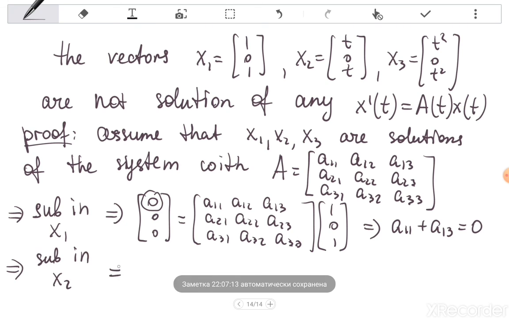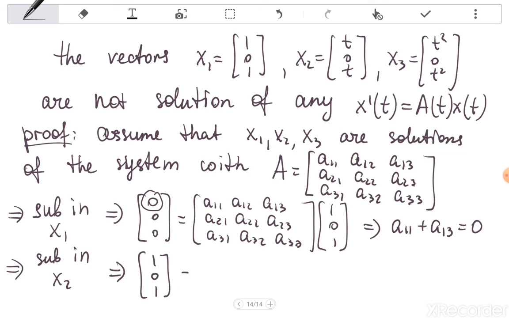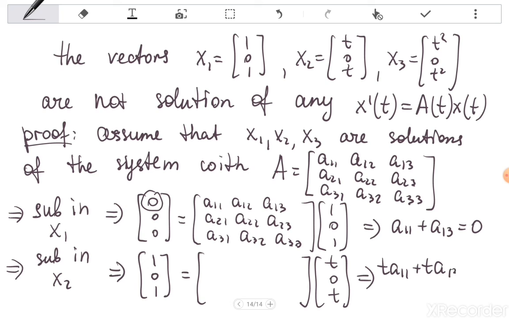What if we substitute x2? The derivative of x2 is (1, 0, 1), and on the other side we have the same matrix times (t, 0, t). So if we multiply the first row, A11, A12, A13, times this one, we get t A11 plus t A13, which must be 1, right?